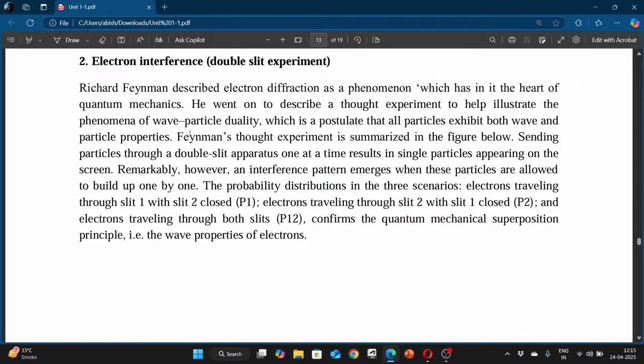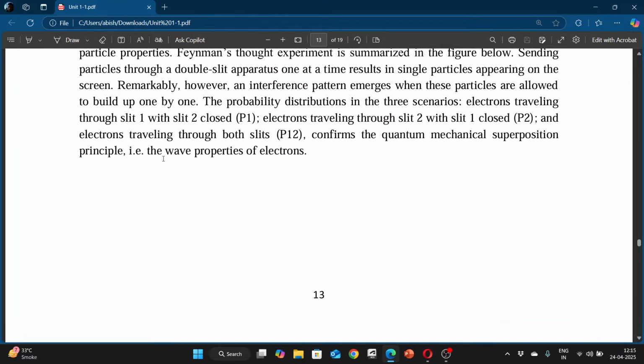This I already explained. Feynman's thought experiment is summarized in the figure below. Sending particles to a double-slit apparatus one at a time results in single particles appearing on the screen. Remarkably, however, an interference pattern emerges when these particles are allowed to build up one by one. Probability distribution in these three scenarios: electrons traveling through slit 1 with slit 2 closed, P1; electrons through slit 2 with slit 1 closed, P2; and electrons through both slits, P12, confirms the quantum mechanics superposition principle of wave propagation.